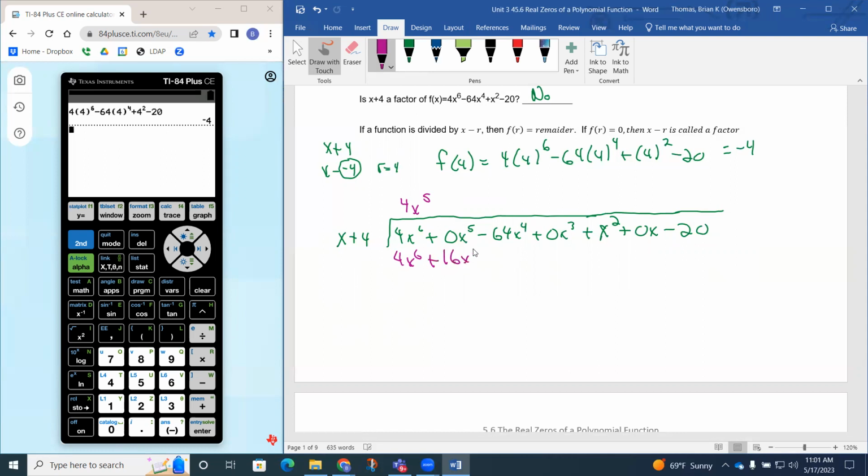Remember, we're supposed to subtract those, but what you can do is change the signs and add. So these zero out, and this gives me a negative 16x to the 5th. Then I'm going to bring down one more term.